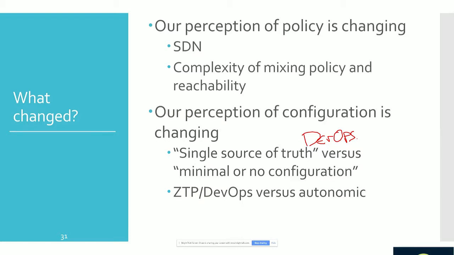So they're trying to take configurations that exist and not minimize them, but to automate those configurations. What is happening is a move towards this concept of minimal or no configuration, what might be called autonomic, or even going beyond zero-touch provisioning. So DevOps tries to move to a concept of zero-touch provisioning. But in reality, people are trying to move beyond zero-touch provisioning to just autonomic. I plug it in, I turn it on, and it just works. I don't even need to contact the server to get the right configuration.